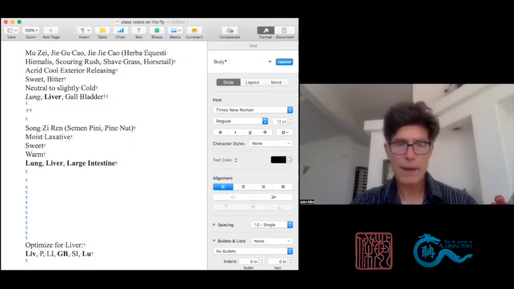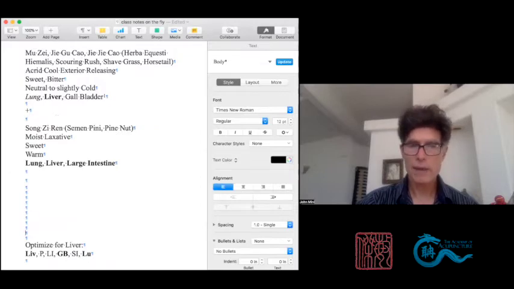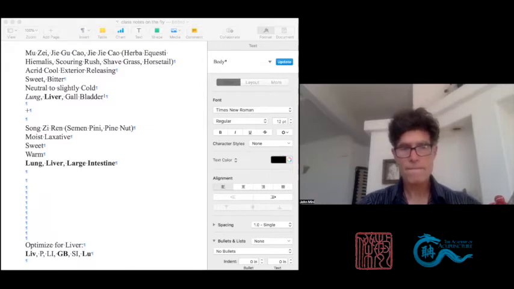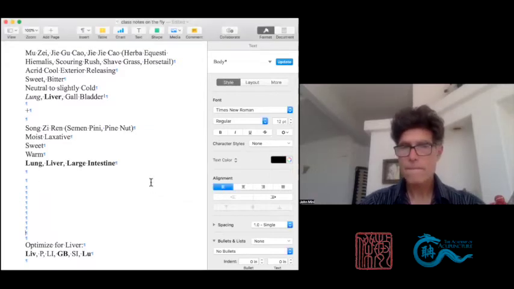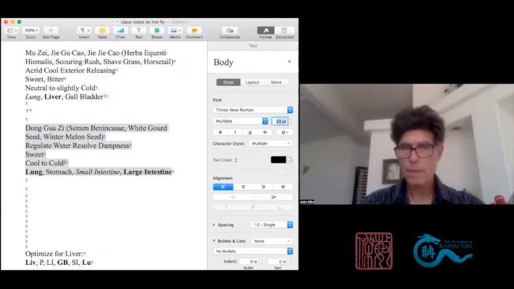Or maybe the situation that we're talking about here progresses to the point where there's swelling in these areas. We could add another seed, which is the Donggua seed.